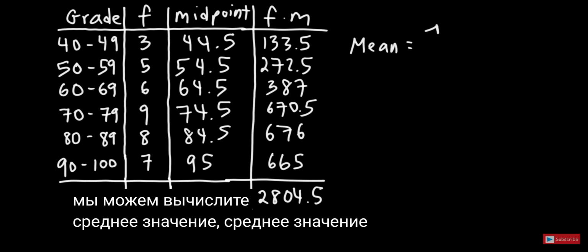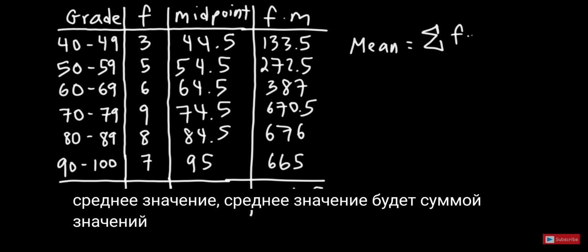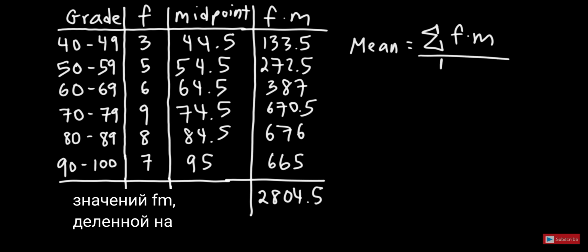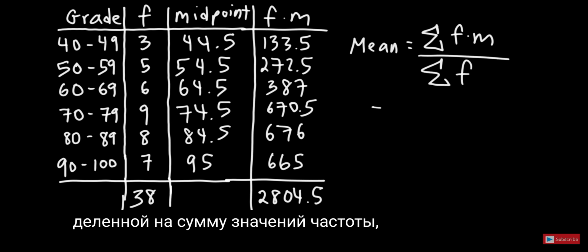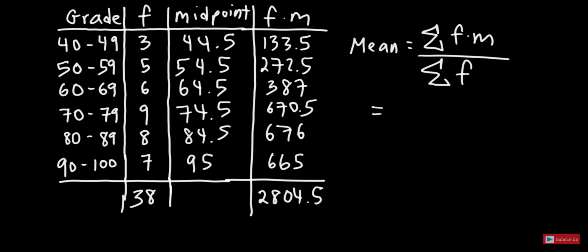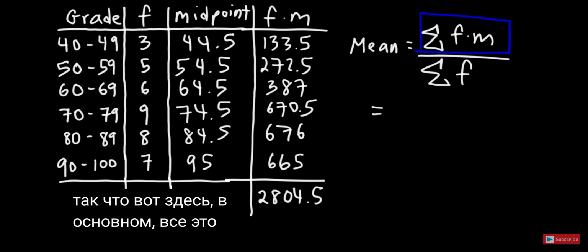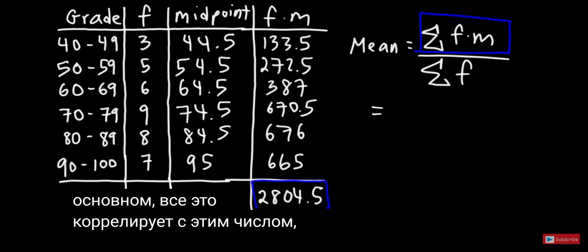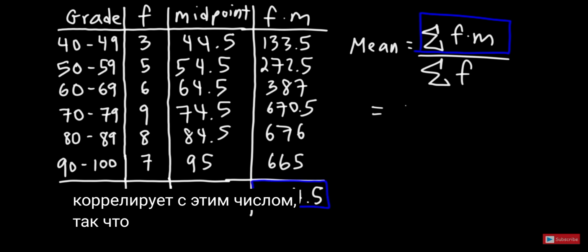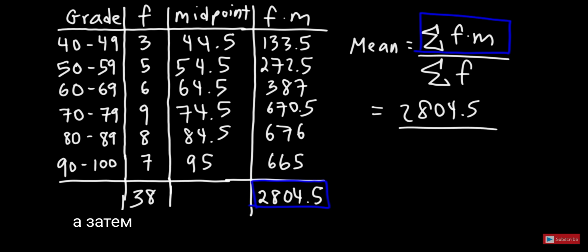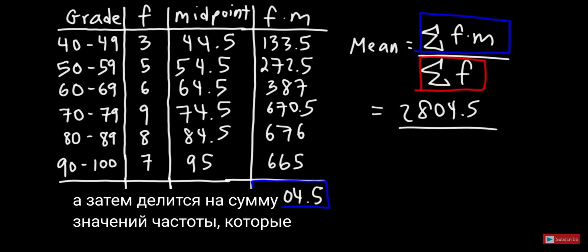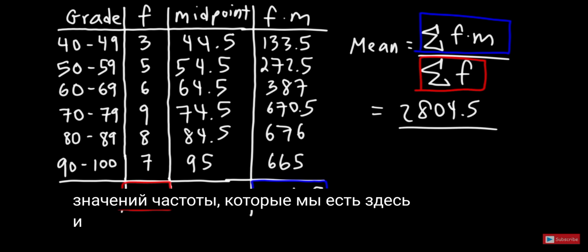The mean is going to be the sum of the FM values divided by the sum of the frequency values. So this right here, basically all of this, correlates to this number. So that's 2,804.5, and then divided by the sum of the frequency values, which we have here, and that's 38.